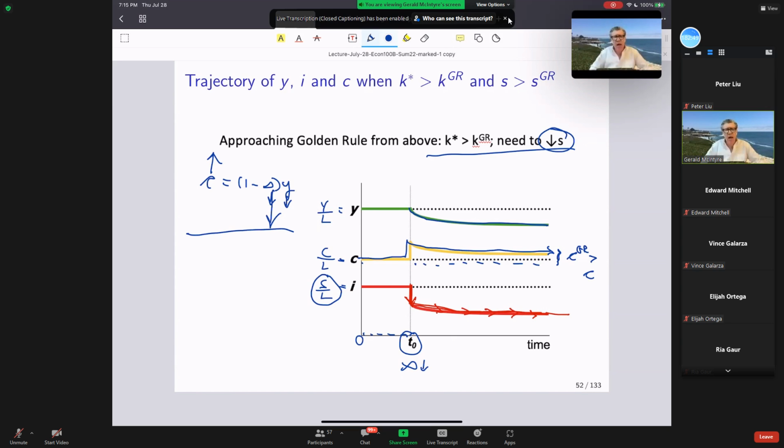And Solow and Summers claim that no democracy will ever live beyond the golden rule steady state. That's their claim. Right?